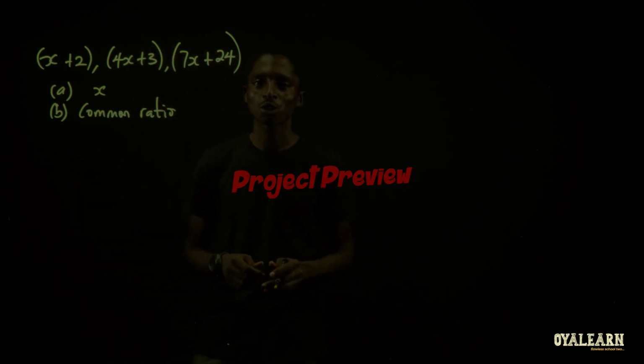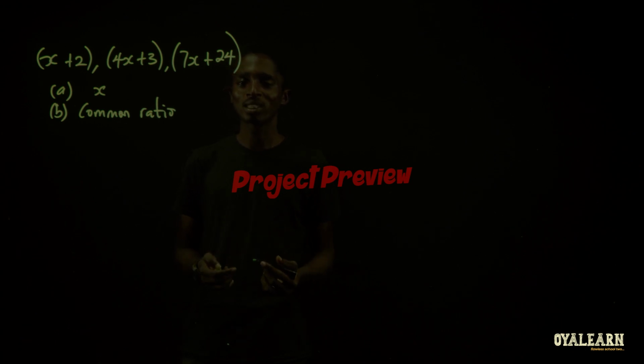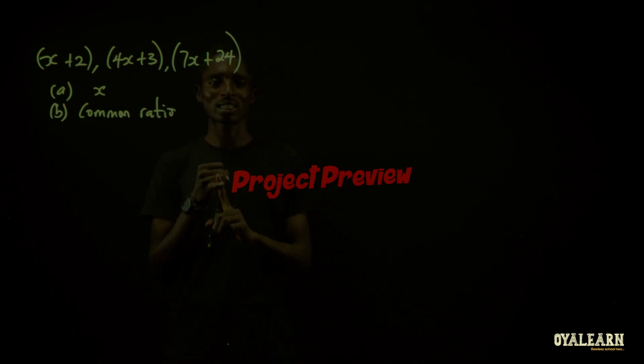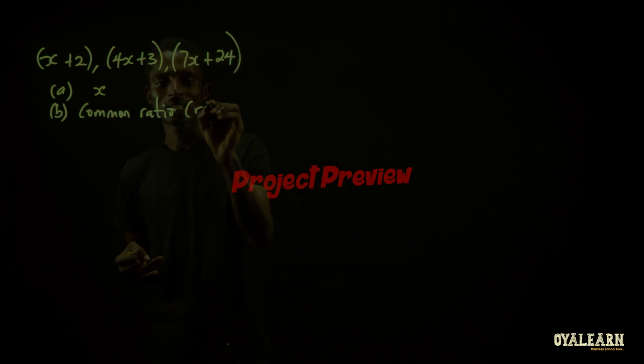Now, to solve this question, we have to remember that geometric progression means that you have your first value given as a. Your geometric ratio is often denoted as r.